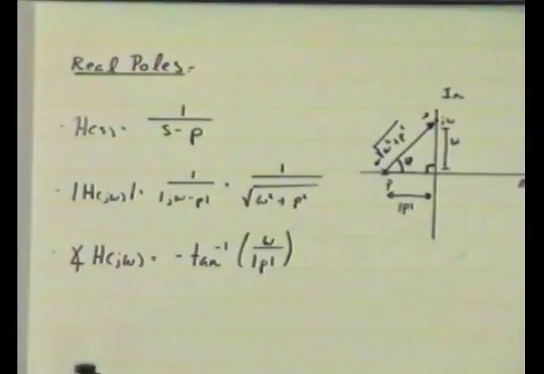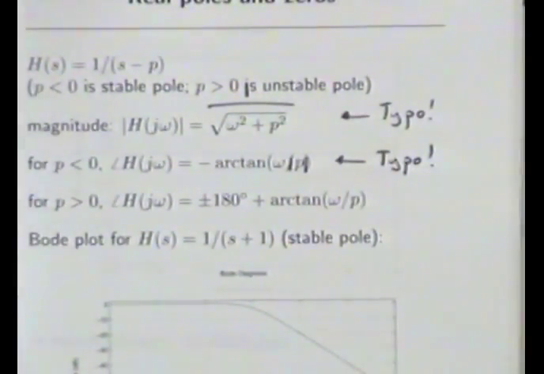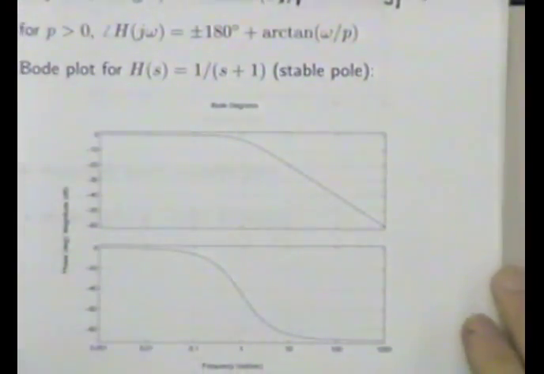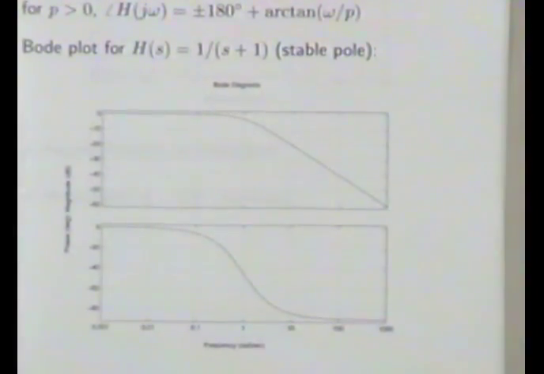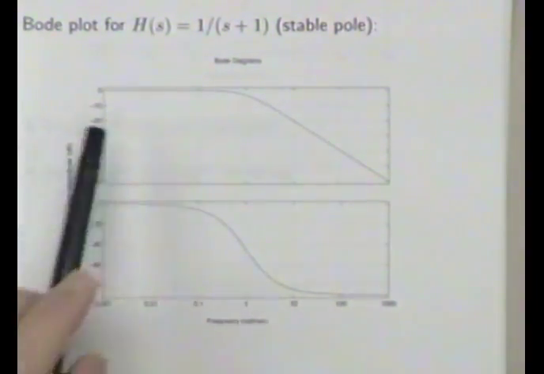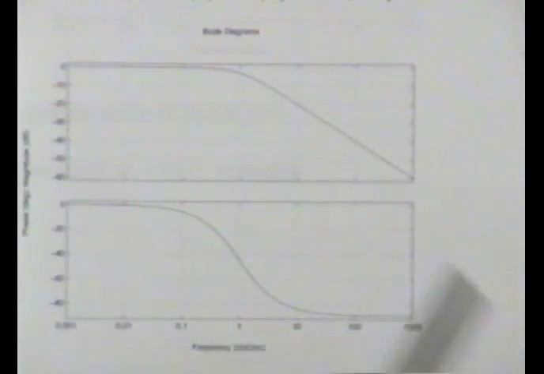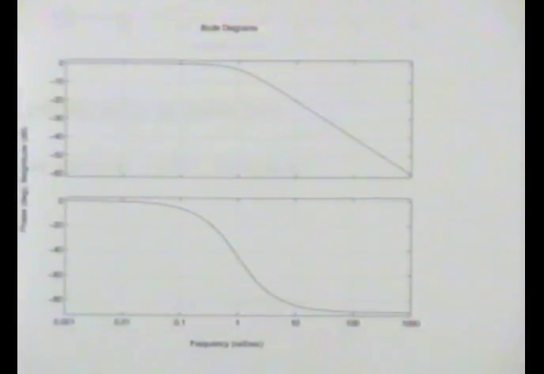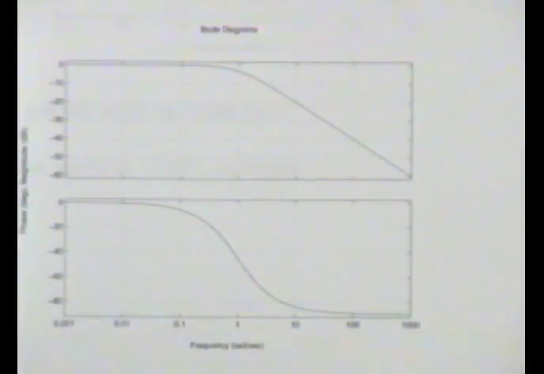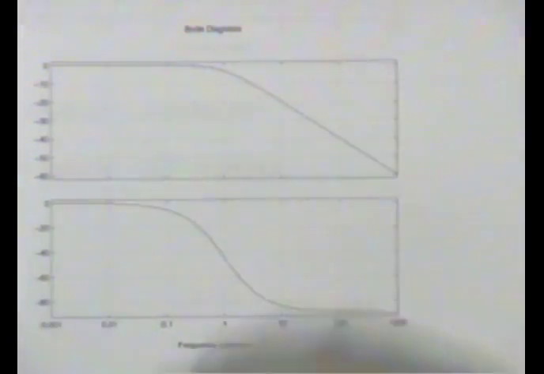So Bode gave you the Bode plot for a pole at p equals -1. I want to go through how we can approximate this curve simply. So let's do that.